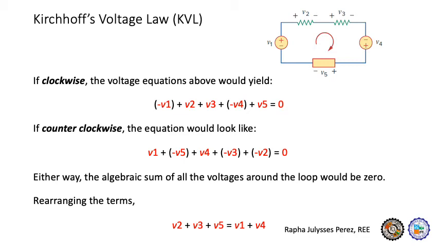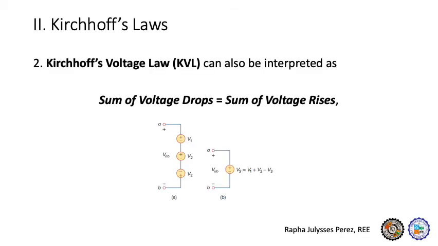Rearranging the terms, we have V2 plus V3 plus V5 is equal to V1 plus V4. So KVL can also be interpreted as the sum of voltage drops is equal to the sum of voltage rises. In the principle of KVL, we need to learn that connecting several voltage sources doesn't mean that you will automatically add their voltage values.